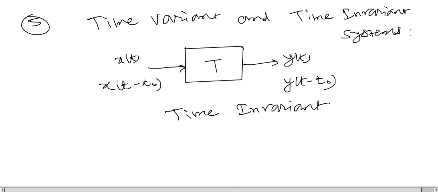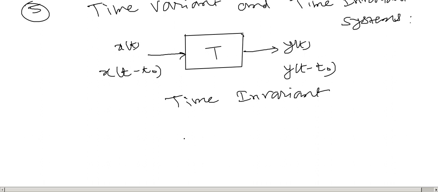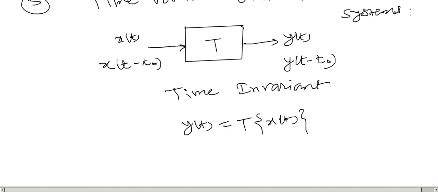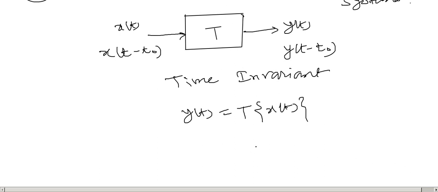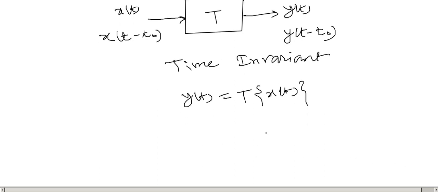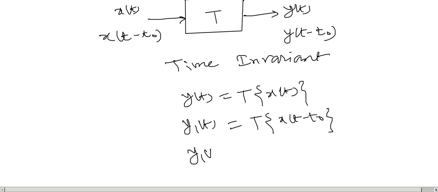Or we can also write it as: if y(t) is this output, and if we delay the input, we get y1(t), then this y1(t) must be equal to y(t minus t naught), that is the delayed output.